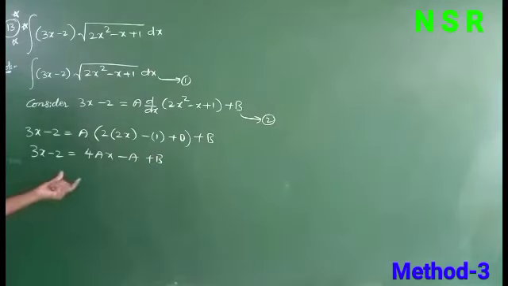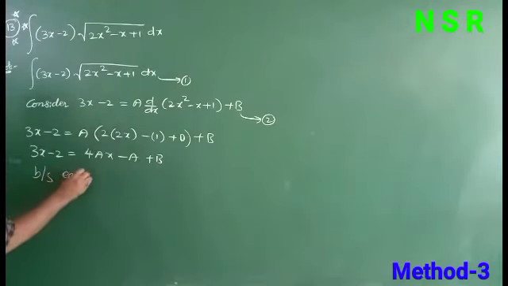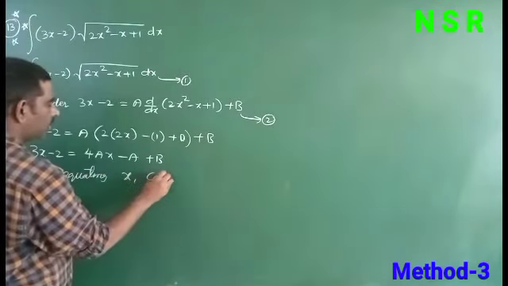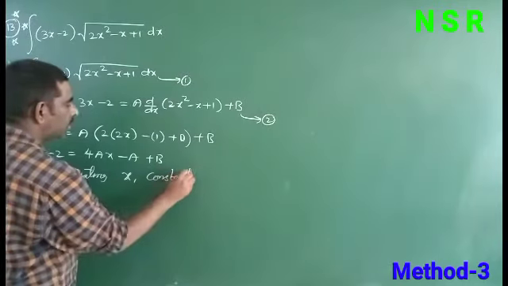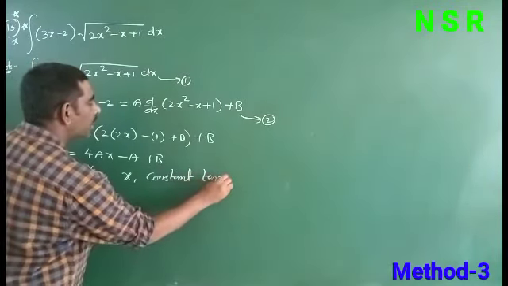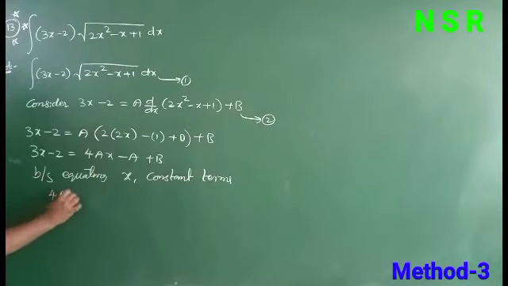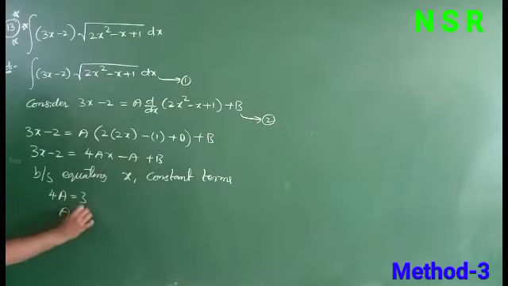Now equating x and constant terms on both sides, we get a and b values. The x coefficient here is 4a, and here the x coefficient is 3. So 4a equal to 3, we get a equal to 3 by 4.